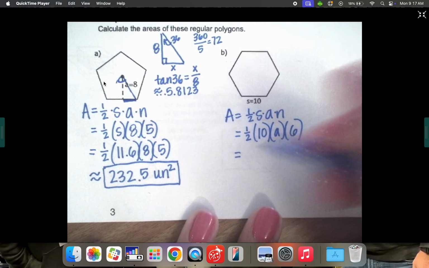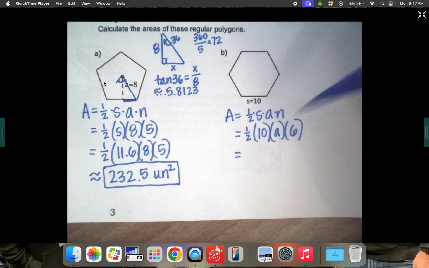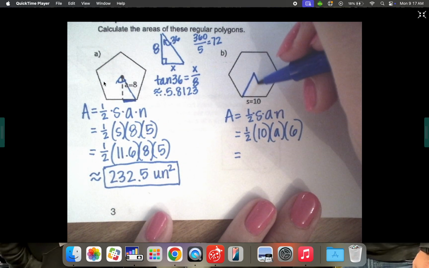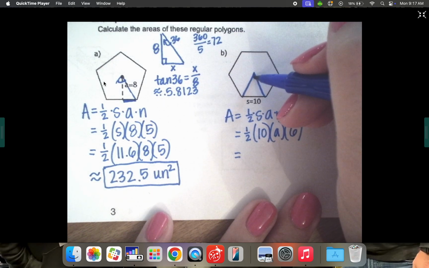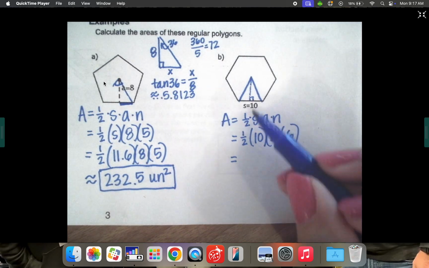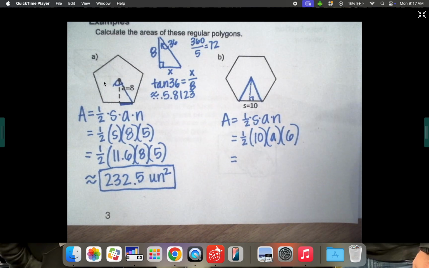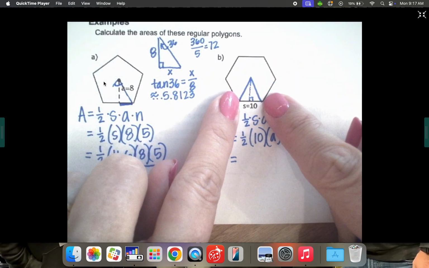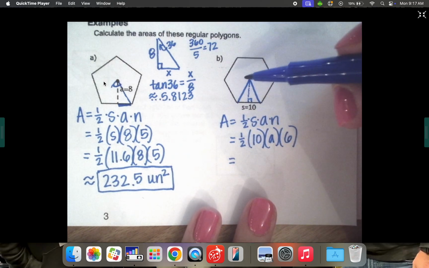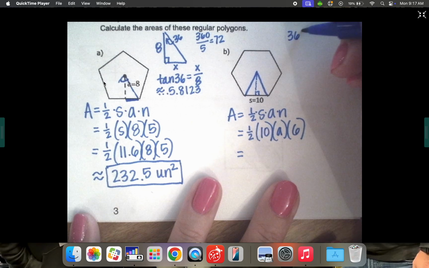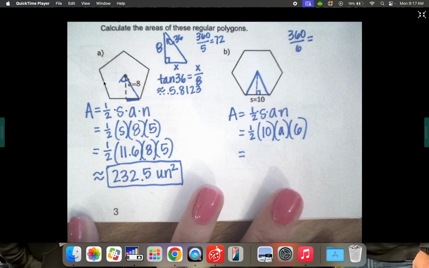Okay, so now we're going to have to take a minute and calculate the apothem. So what we know is there's a central angle in here. And from that central angle, we're going to have to come up with the apothem that forms a right angle. So if we know that the central angle is divided into 6 central angles, we can take 360 degrees and divide by the 6 angles.